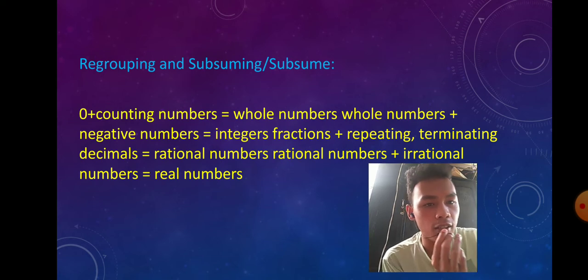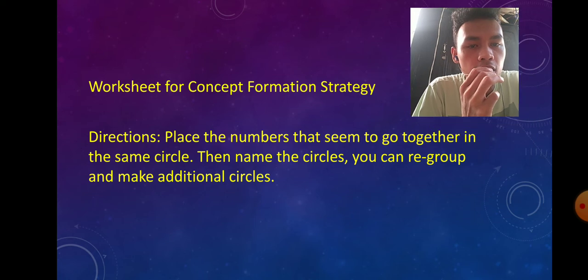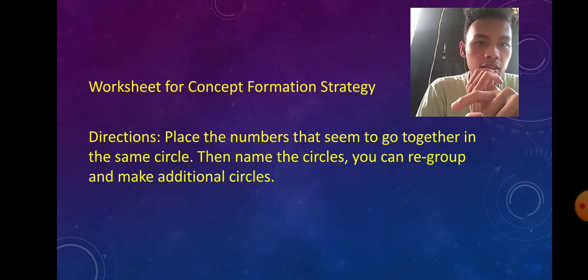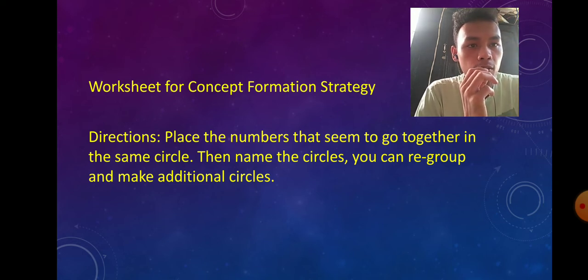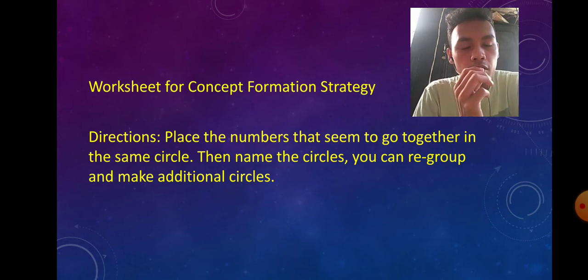Those are under real numbers. Then you need to proceed. When we talk about the worksheet for concept formation strategy, this is like a list. The directions: place the numbers that seem to go together in the same circle.